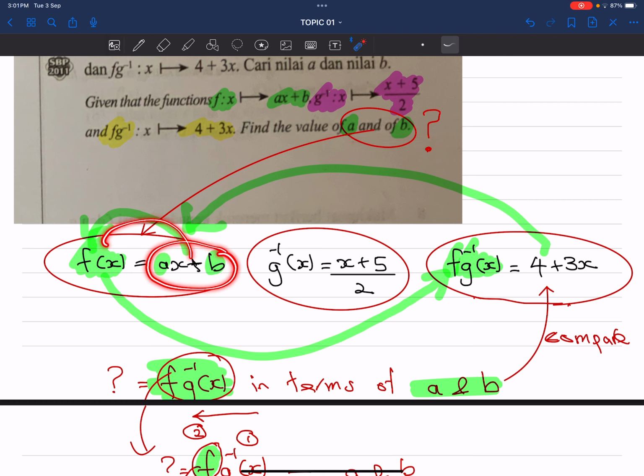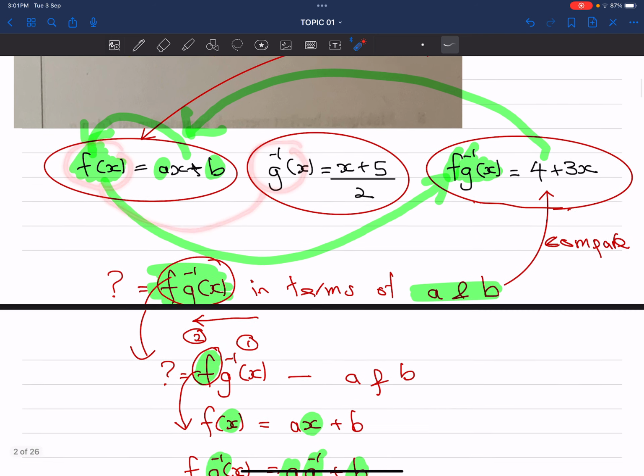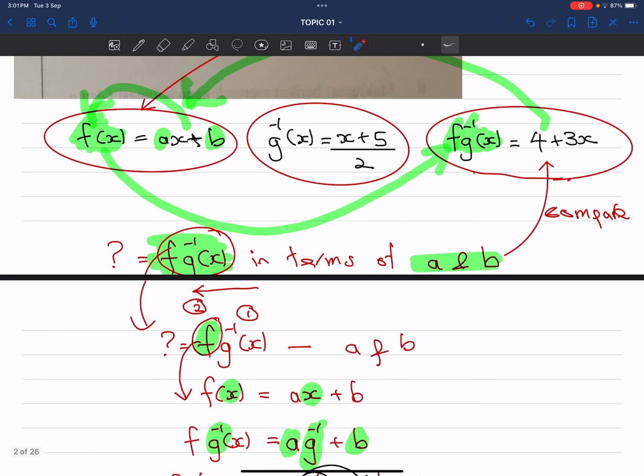A and b connect to f. I go to f, which was FG inverse, but there's no a and b. That is why I reverse back. I go back to f of x. I use the g inverse to find another FG inverse, even though the FG inverse is given. Now I'm finding the FG inverse exclusively in terms of a and b.